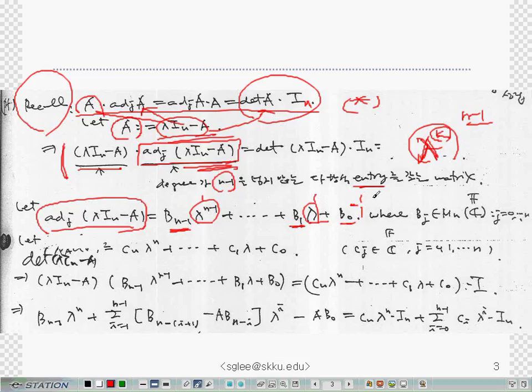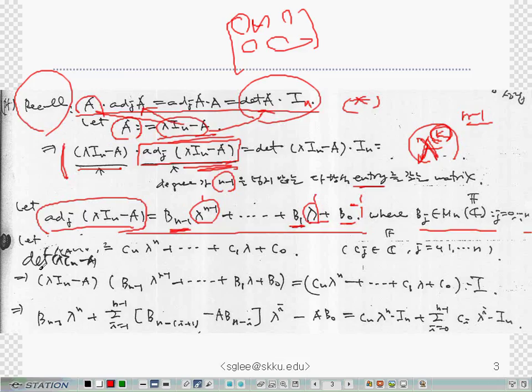Because every entry has lambda powers from lambda 0 to lambda n minus 1 in between, we can rewrite this adjoint matrix as a linear combination of matrices with these scalars.